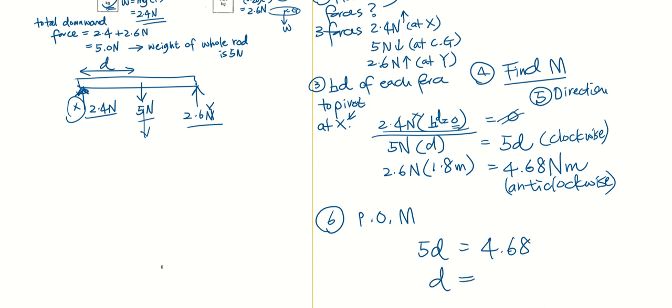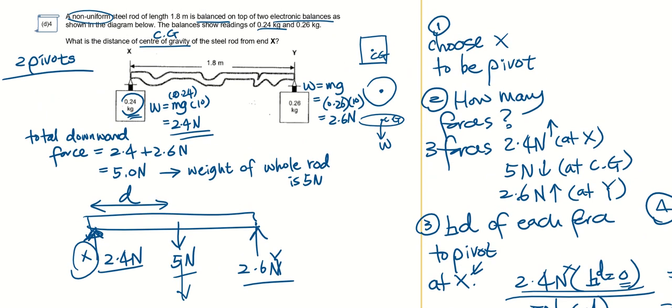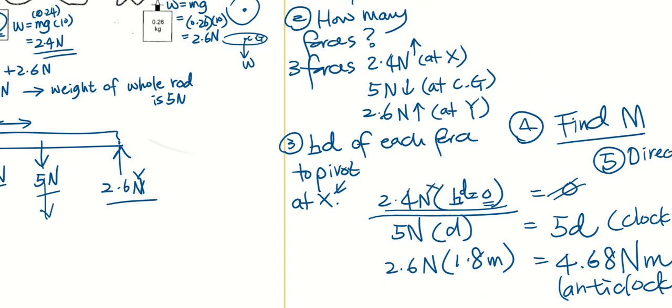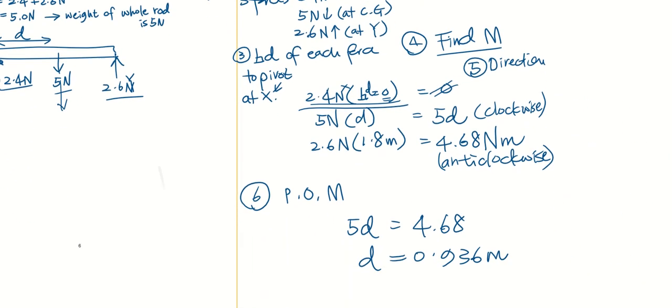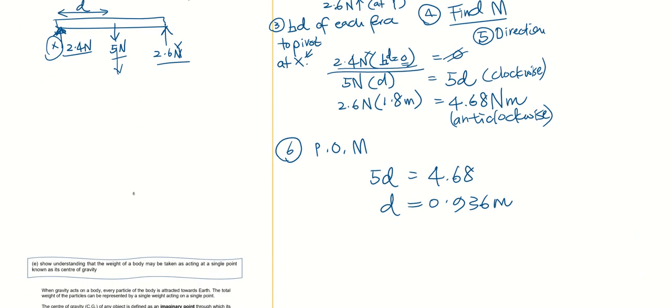So D equals 4.68 divided by 5, I will get 0.936 meters. Okay, so D is the distance of the center of gravity of the steel rod from X. My D is actually 0.936. So how far is it away from Y?